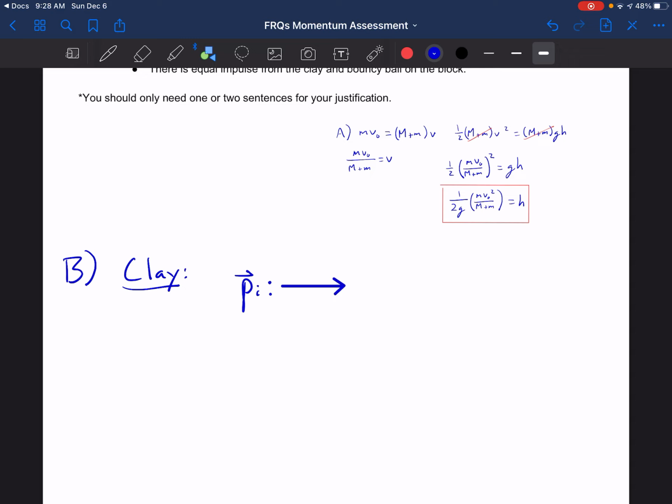Right, maybe something like that. And then the final momentum of the clay after it hits, so this is right after the collision, right? It would be basically just a smaller vector, still in the right direction, but slower, right? That's a weird looking arrow. Whatever, something like that.